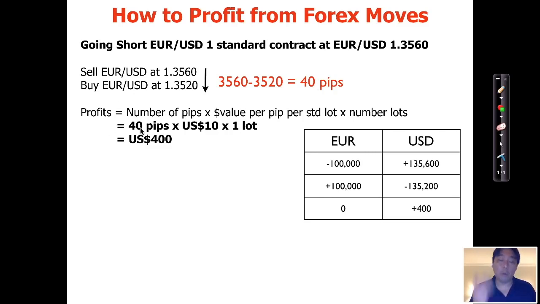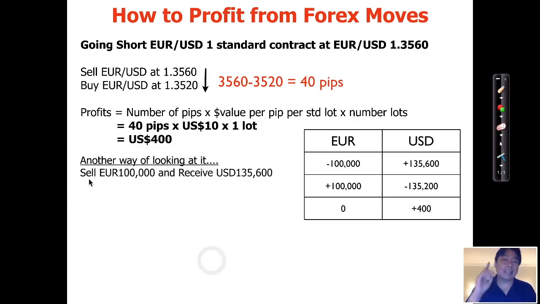Number of pips, which is 40, multiplied by the dollar value per pip, which is $10 for this pair, multiplied by one lot. If you bought two lots, we times two. So we made $400 US. Another way of looking at it is that we started by selling 100,000 euros and received $135,600.